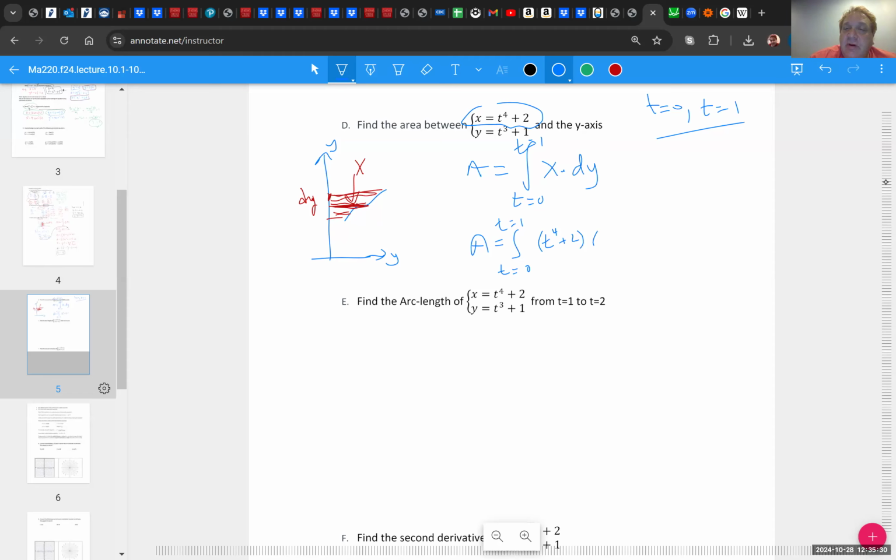And we get the equation in terms of our parameter t, from t equals t naught to t equals t1, I think that's the language they use in the book, of the square root of (dx/dt) squared plus (dy/dt) squared dt. So this is the one we're going to use for parametric equations.